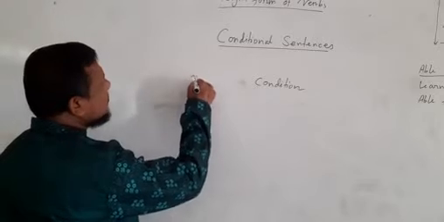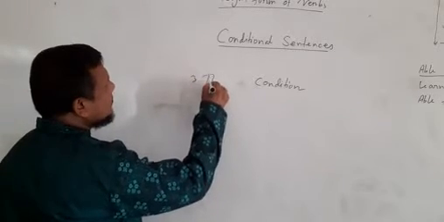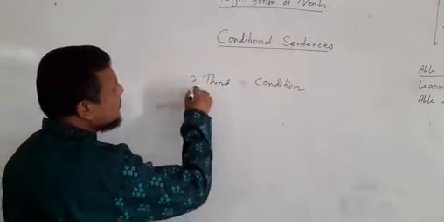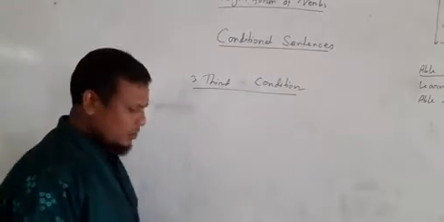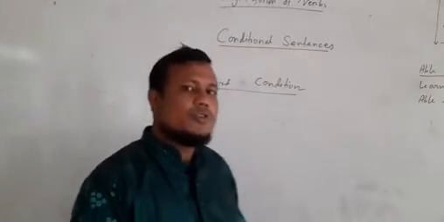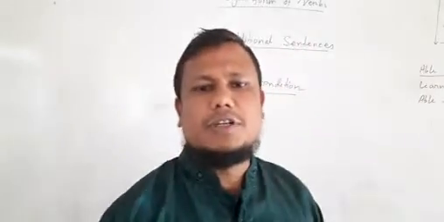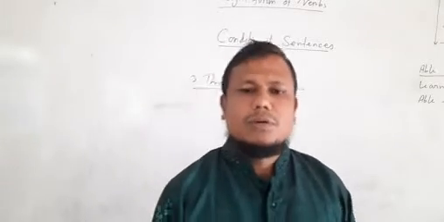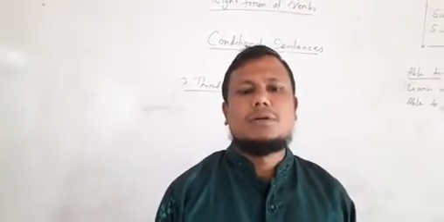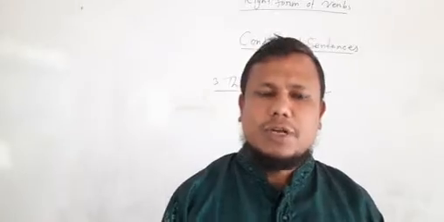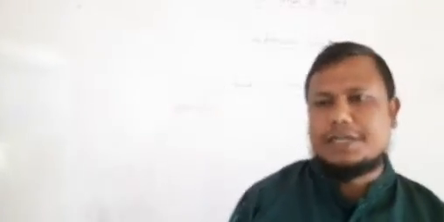Again, third condition. Third condition means the if clause is in past perfect and the later part will be past perfect conditional. I mean the verb will take would have, should have, could have, might have.